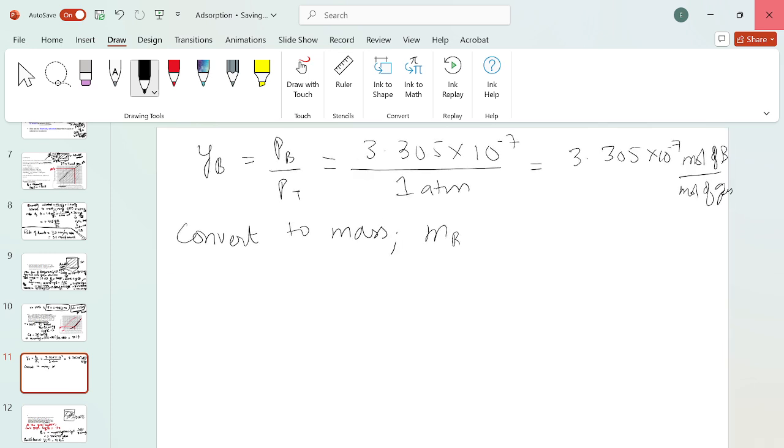For the mass of benzene, we will multiply with the volume at STP into molar mass.